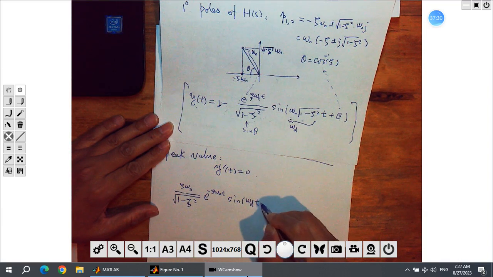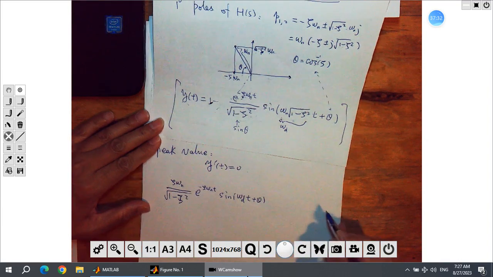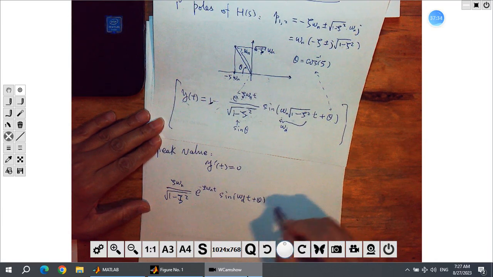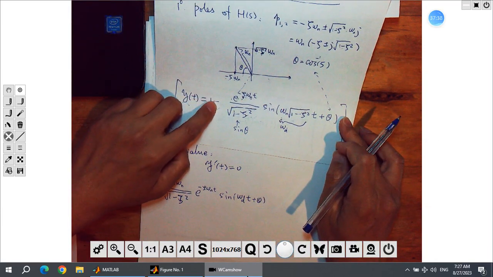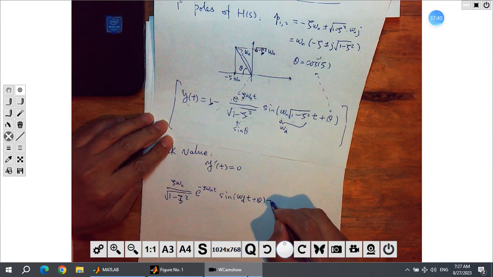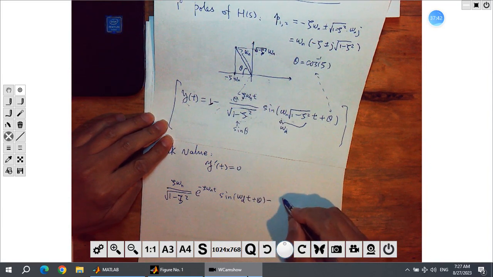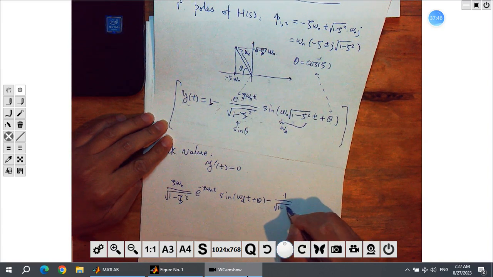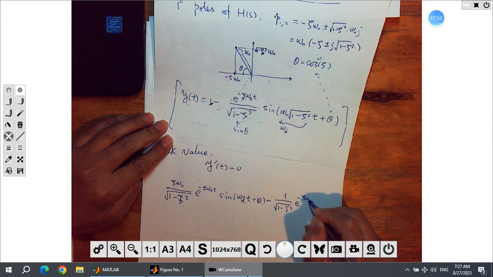Omega d t plus c. For the first term, we take the derivative on the exponential power. The second part should be plus this thing, but this is minus, so I put minus. I keep 1 over square root of 1 minus zeta squared times e to the negative zeta omega n t.